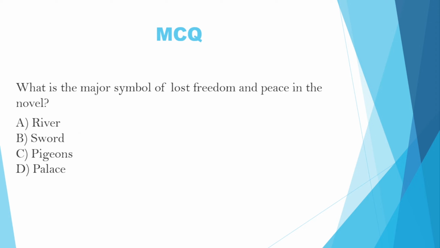Next question is, what is the major symbol of lost freedom and peace in the novel? Option A river, option B sword, option C pigeons, option D palace. The correct answer is C, pigeons.